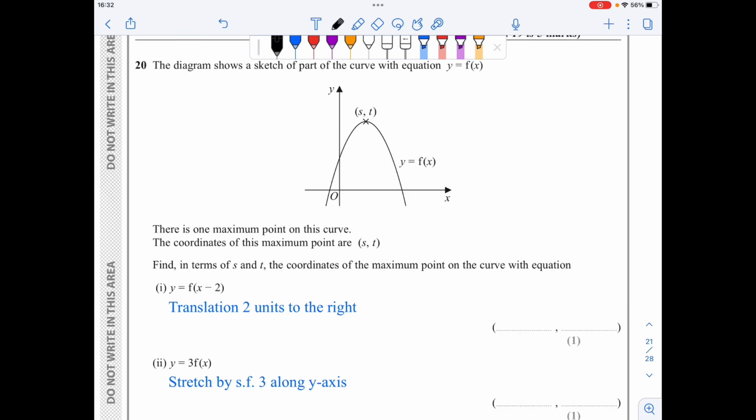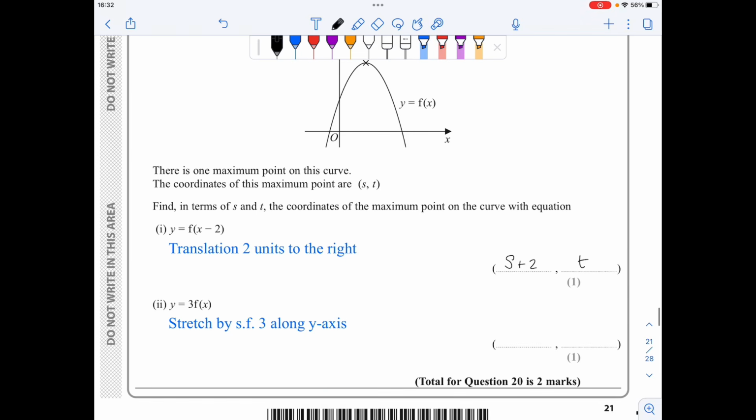For the first one, I will take the graph 2 units to the right, which means that I will add 2 to the x coordinates. So for the turning point, I have s plus 2 and the y stays the same. For part b, I will keep the x coordinate of the turning point the same, and I will multiply the y coordinate by 3, so I'll get 3t.